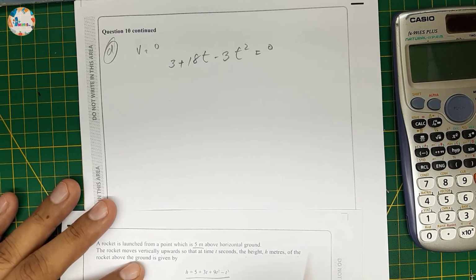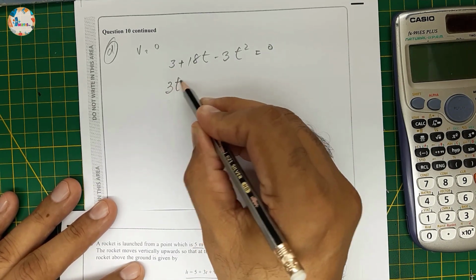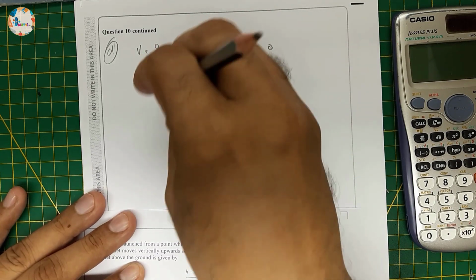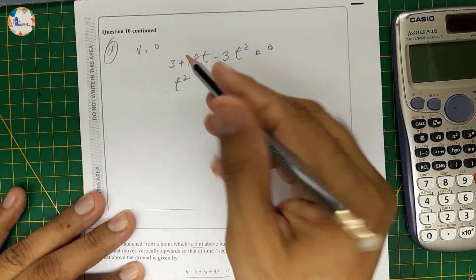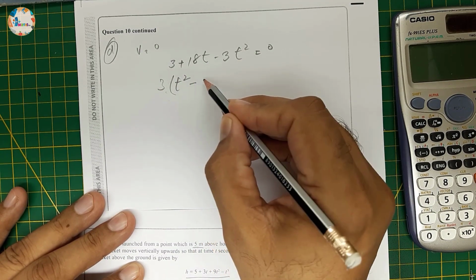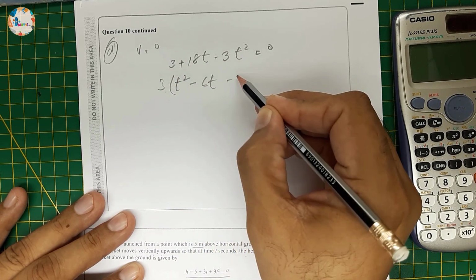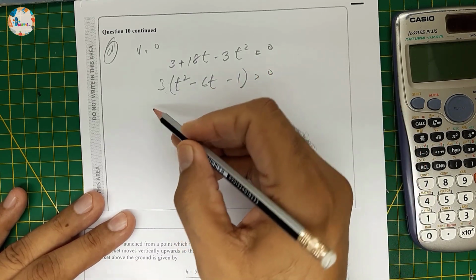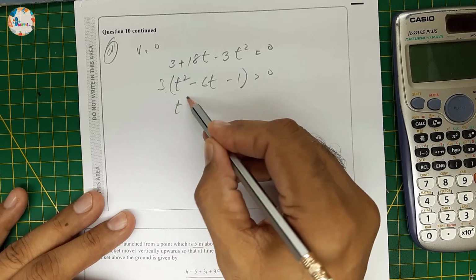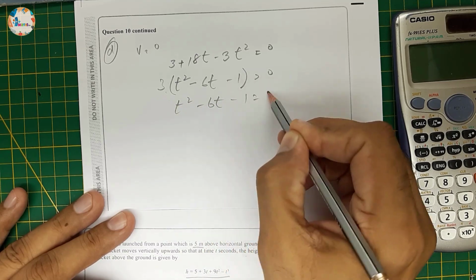So this will be our quadratic equation. Basically we can take 3 common, and this will be t squared minus 6t minus 1 is equal to 0. So our quadratic equation will be t squared minus 6t minus 1 is equal to 0.